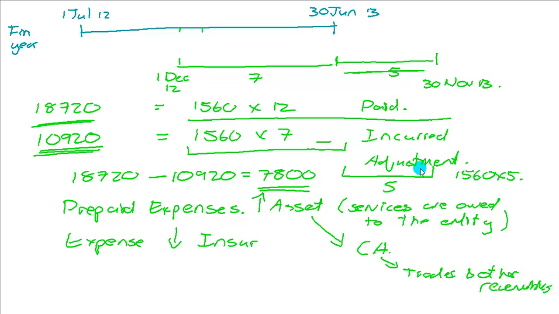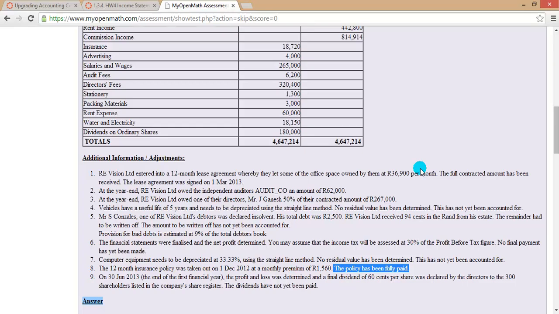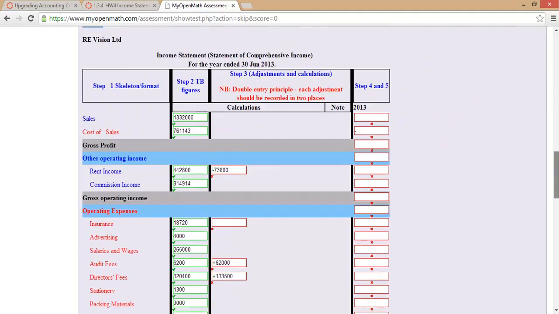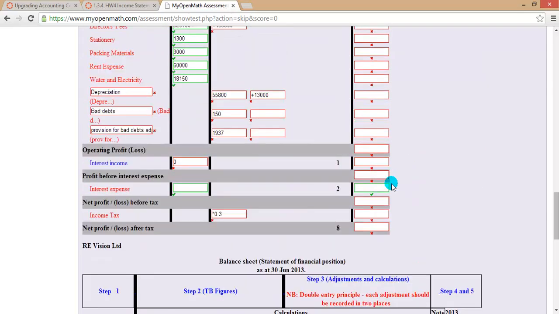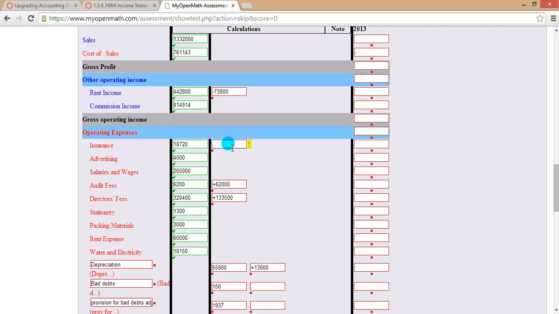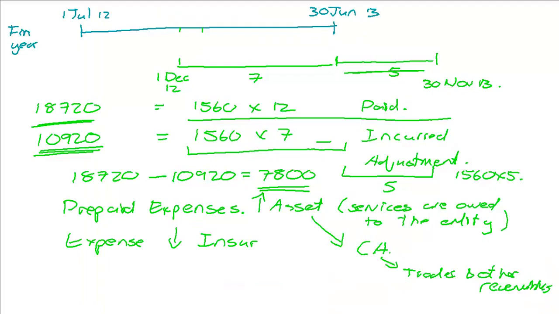Alright, so we go to our financial statements and we can include that there. Our current assets need to increase by 7,800, and my expenses, the insurance, needs to decrease by 7,800 so that we can get to our 10,920. Good.